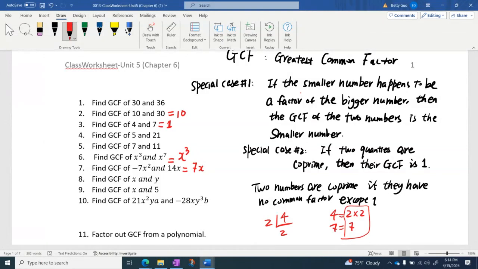And try number 4, guys. What's the GCF of 5 and 21? And you have to know the reason, by the way.